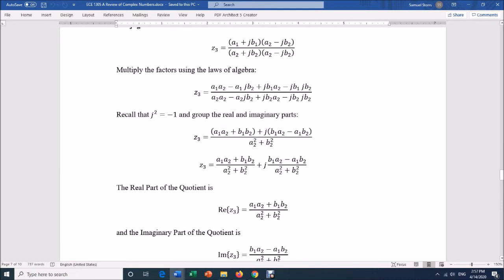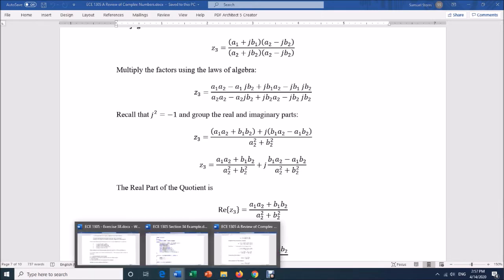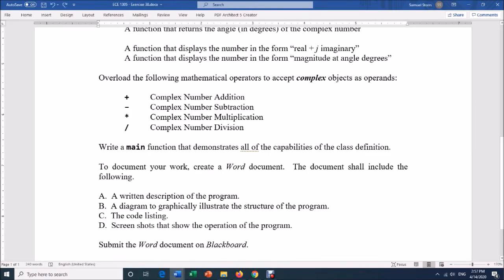So you have the mathematics already worked out. You just have to program them into your functions. And you've already done this before when you did the other programming exercise that dealt with complex numbers. This time it's just a matter of overloading these operators so that they do all the same operations.